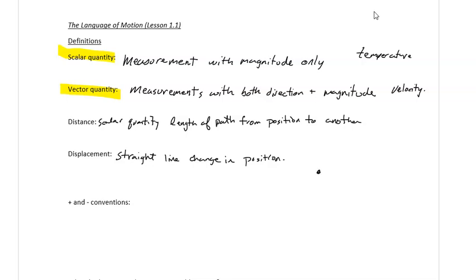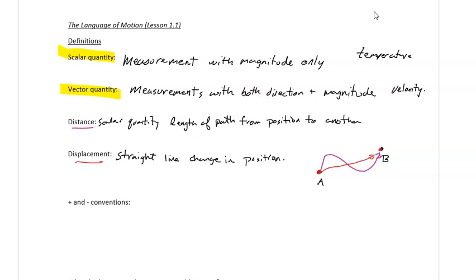So let's just say, for example, we are at point A, we want to get to point B, and in getting from point A to point B, we travel this way. The distance traveled will be the total length of the purple line. The displacement, however, is the straight distance from A to B. It's a straight line distance, and so the displacement, which we've got in red, has less magnitude than the distance.